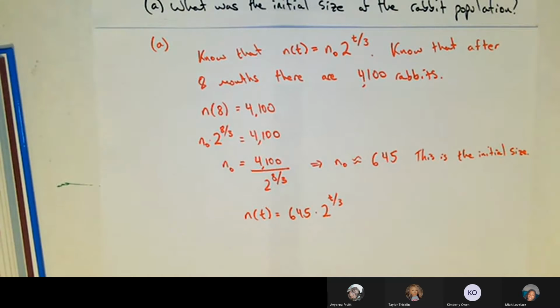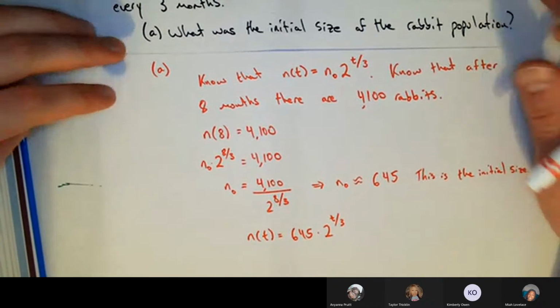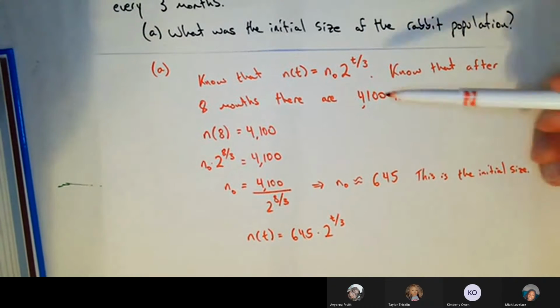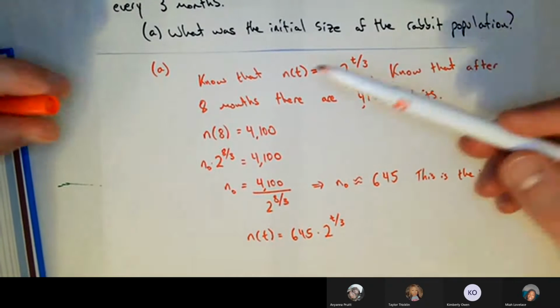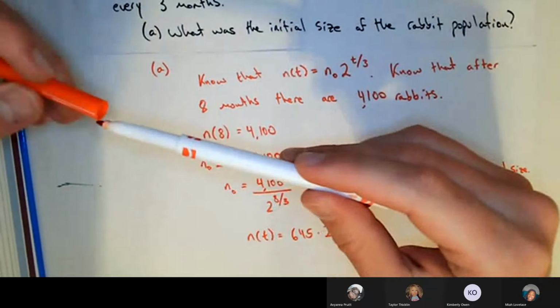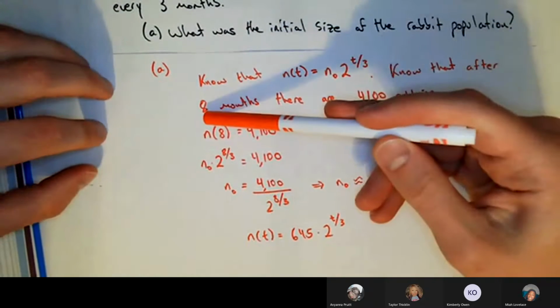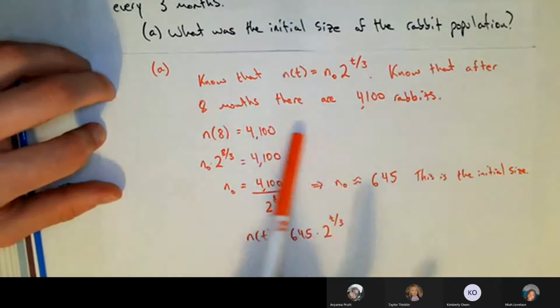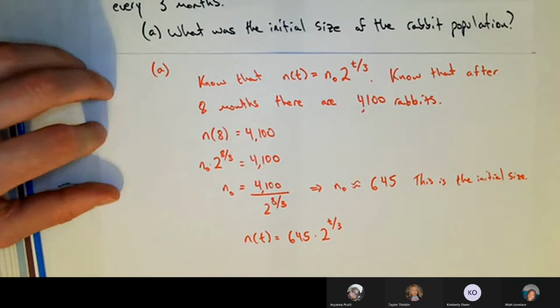Part A is a good question because you have to decide what the initial population is. Whenever a problem asks you for the initial population, they're going to give you some population at some time, and then you plug those into the model to solve for that missing piece.